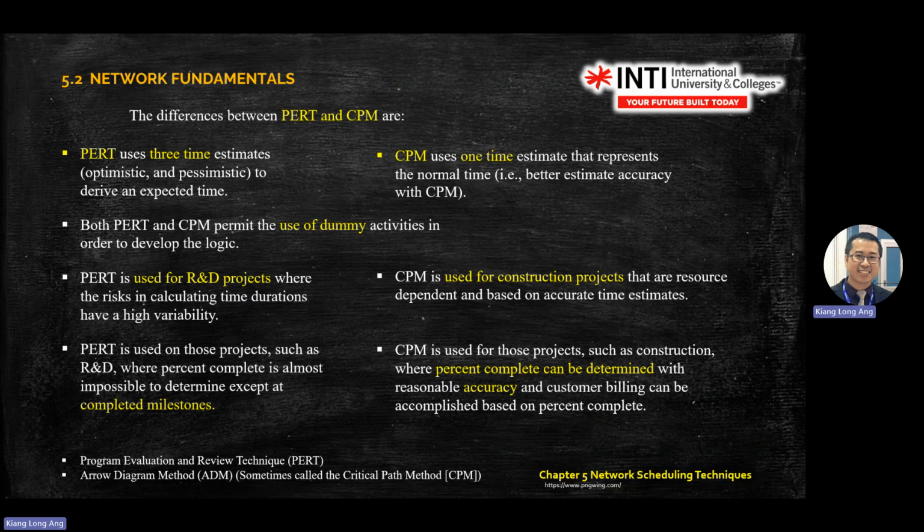As you can see on the slide here, PERT uses three time estimates, where you will see three numbers, A, M, and B, and you need to find the mean by using A plus 4M plus B divided by 6.